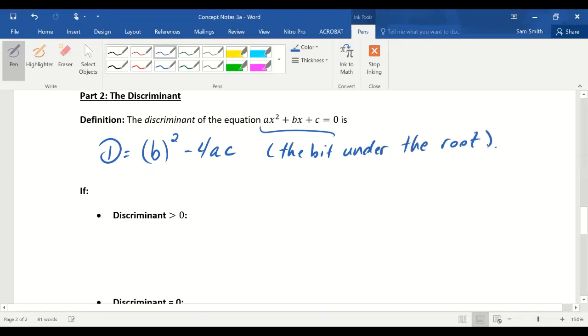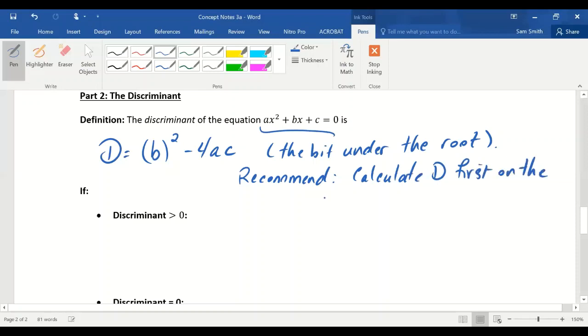And so sometimes I'll recommend to students that if they're trying to use the quadratic formula to solve a quadratic equation, that you calculate the discriminant first on the side, and then take negative b plus or minus the square root of the discriminant, all over 2a.